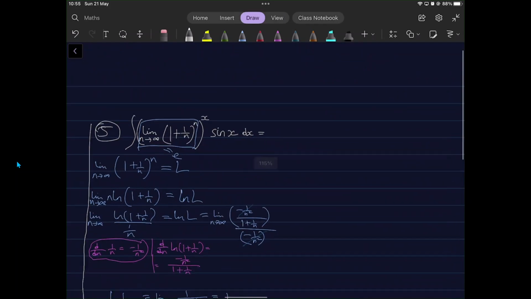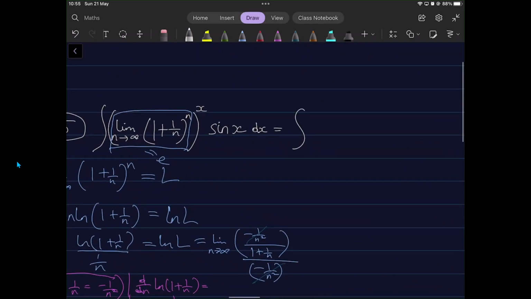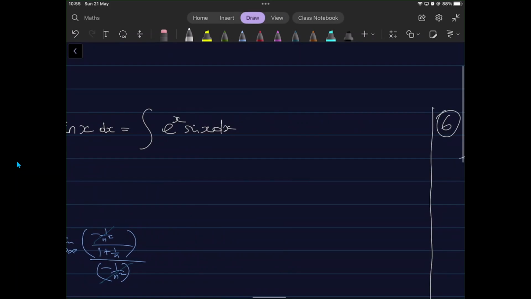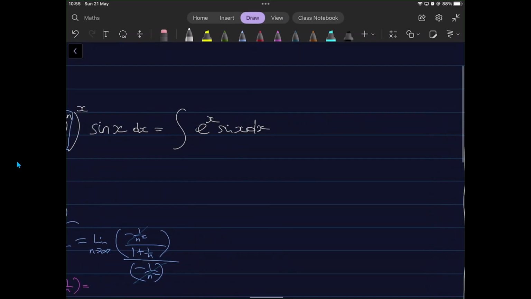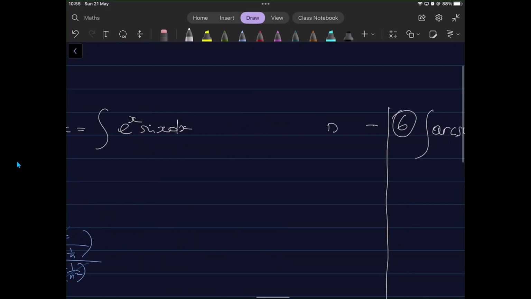Let's go back to the integral. So this integral is simply equal to the integral of e to the x sine x dx with respect to x. And for this, let's use the DI setup once again. So what should we do? Let's put D here and I there. So let me think. Actually, I'll put them on the side like this. DI.